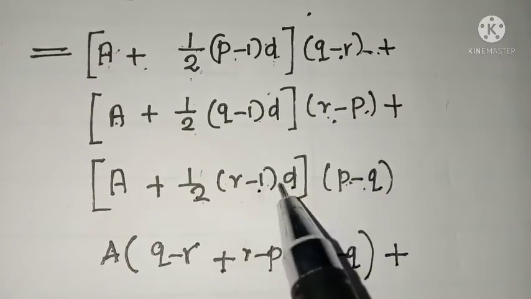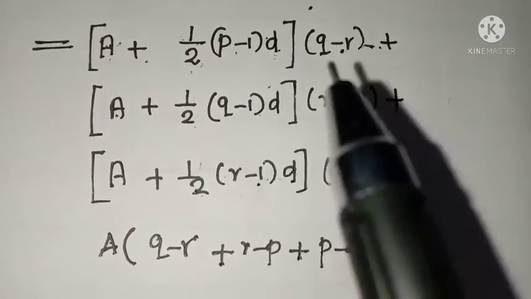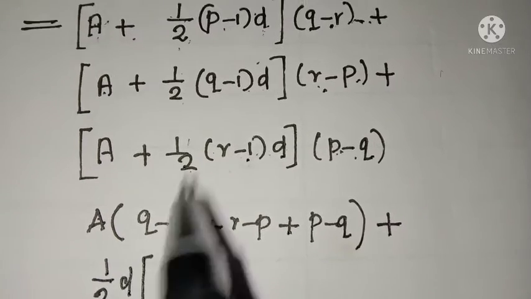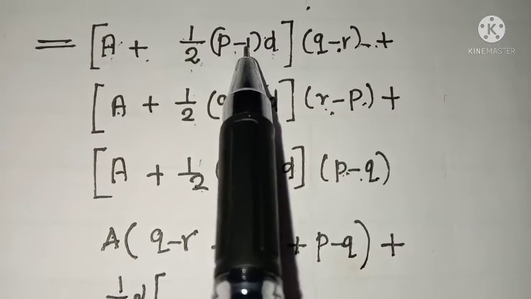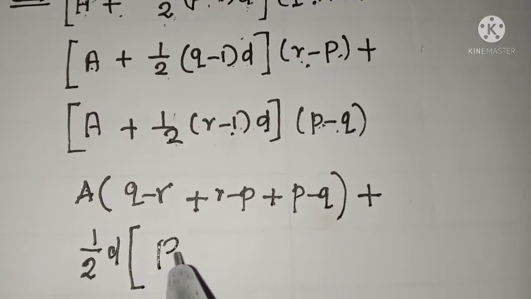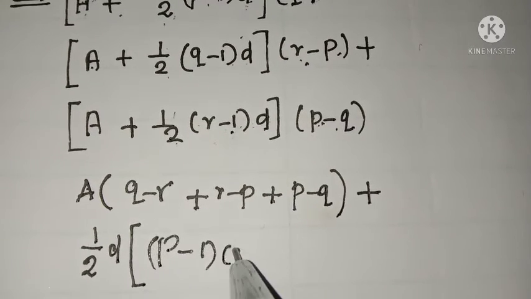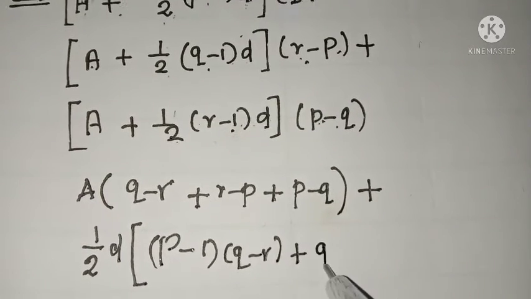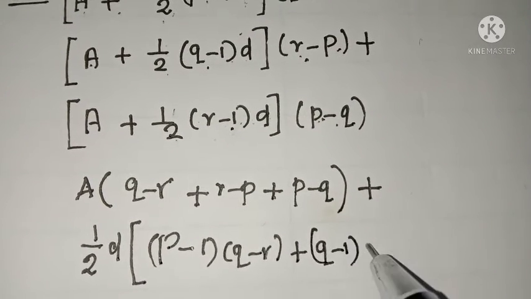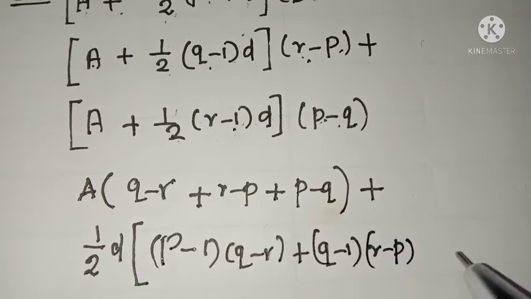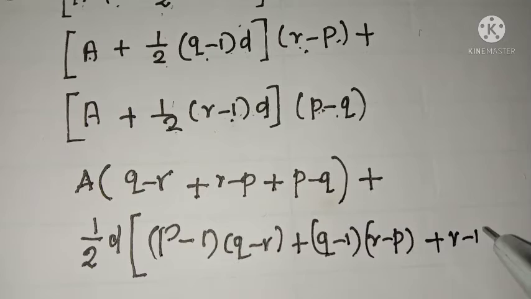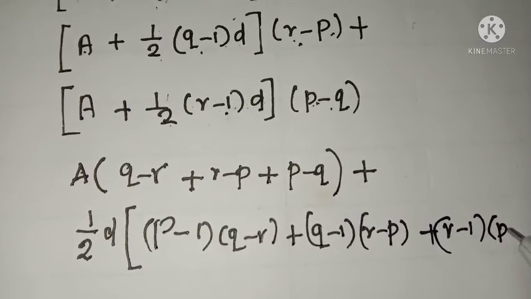So in these three terms, half into d is common, so we can take half into d outside. Then the remaining: p minus 1 into q minus r plus q minus 1 into r minus p, plus the third term r minus 1 into p minus q.